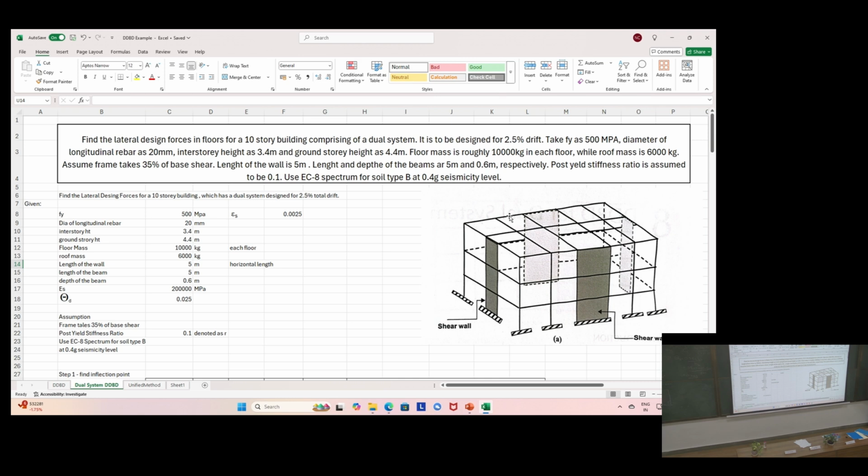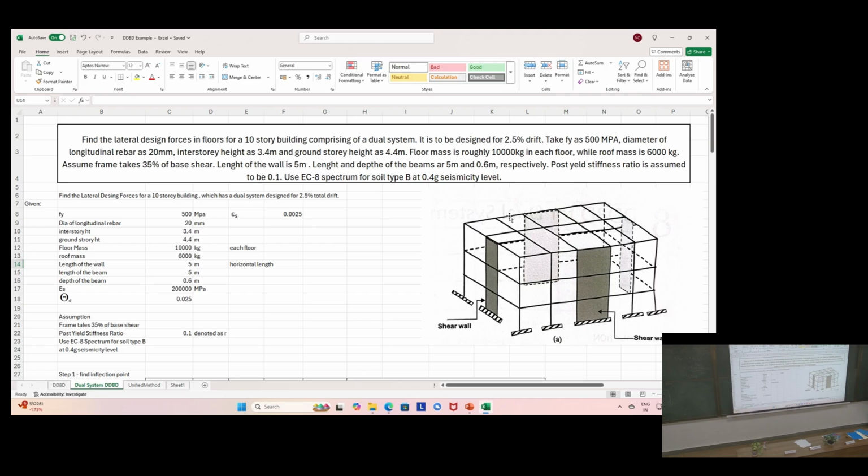Floor mass is roughly 10,000 kilograms in each floor, while roof mass is 6,000 kilograms. Assume frame takes 35% of the base shear, and the rest, 65%, goes into the shear wall.